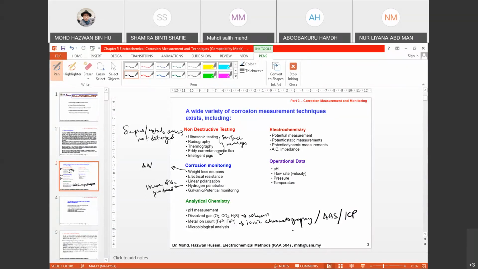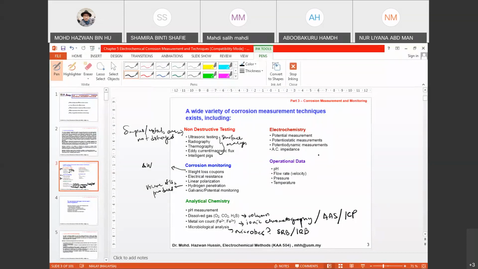You can use these methods, and also microbiological analysis to determine which microbes are present in the samples, whether SRB types of bacteria, or IRB, iron reducing bacteria.